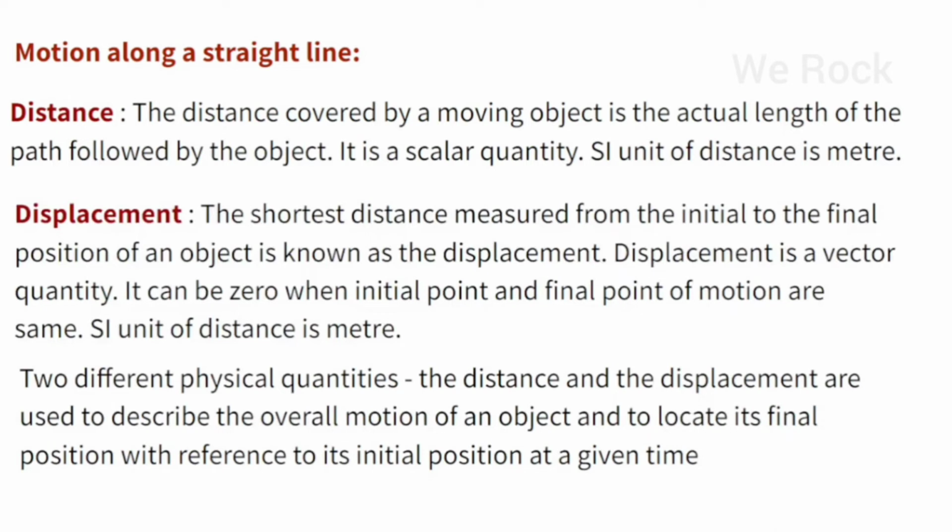It can be zero when the initial point and final point of motion are the same. SI unit of displacement is meter. Two different physical quantities, the distance and the displacement, are used to describe the overall motion of an object and to locate its final position with reference to its initial position at a given time.